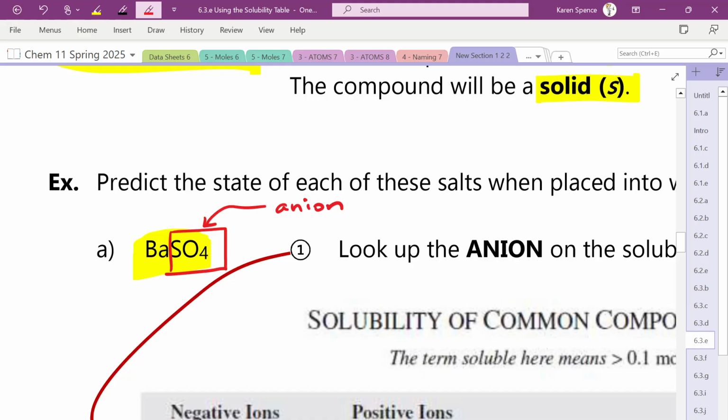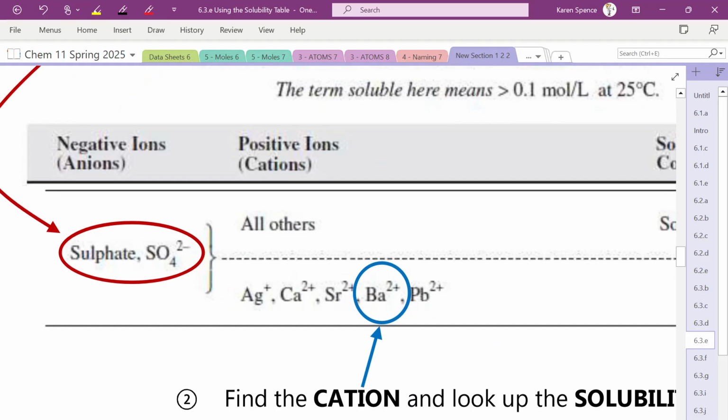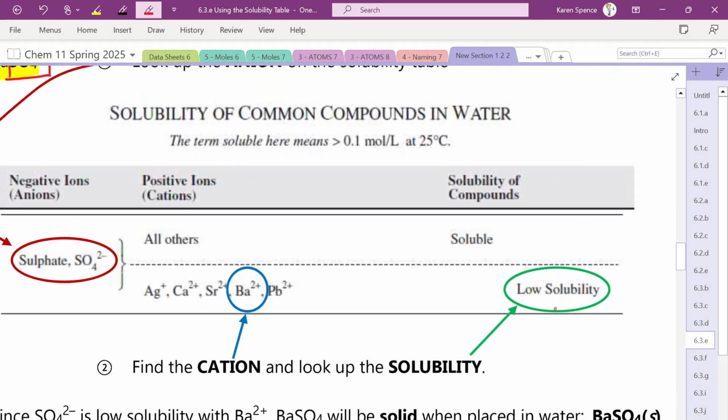So you're going to start by looking up sulfate. Okay, there's sulfate. And then you're going to say, what does sulfate do when it is with barium? Well, when sulfate is with barium, it is low solubility, and that means we're going to have BaSO4, and it's going to be a solid. Okay.